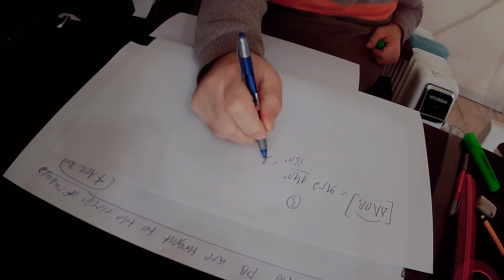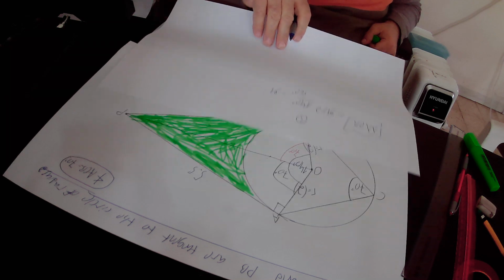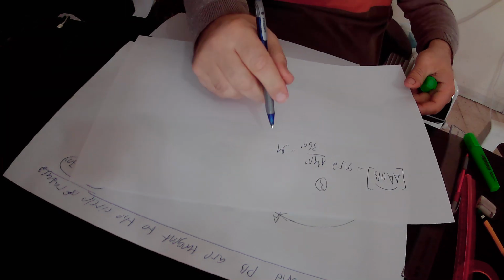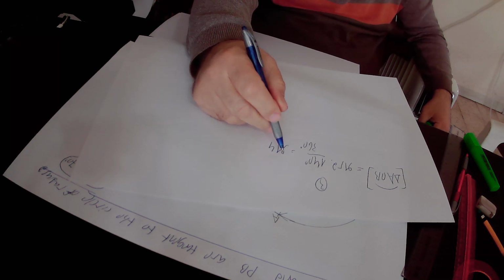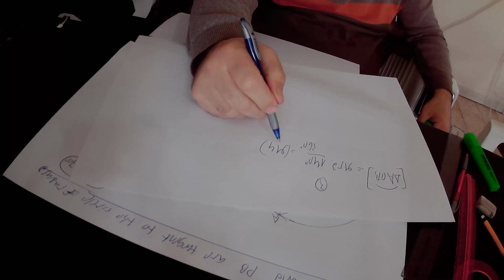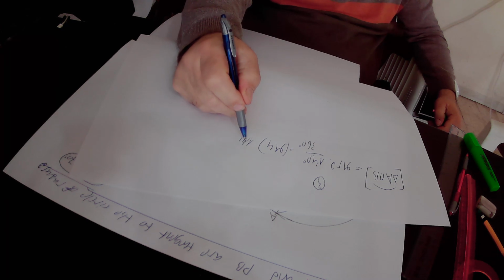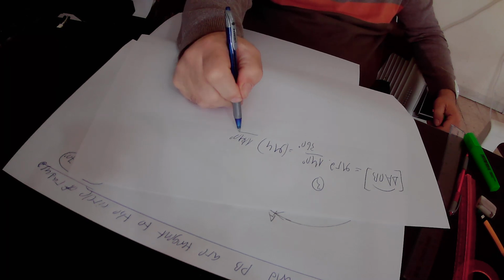So it is pi, the radius of this circle r is 2, therefore r squared is 2 squared, that is 4. So the area of the circle that contains the sector is 4 pi times 140 degrees over 360 degrees.